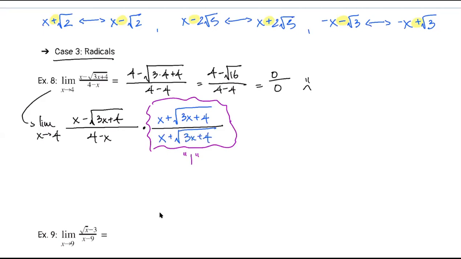Now I have 1, and I have not changed my question. That decision-making process is important. It is also important to be able to do all the algebra we're going to do right now. So the limit as x approaches 4.